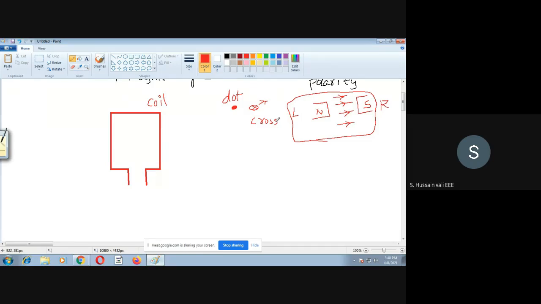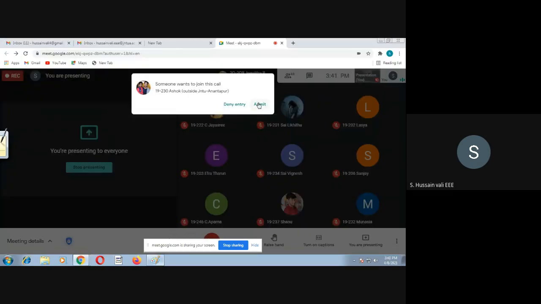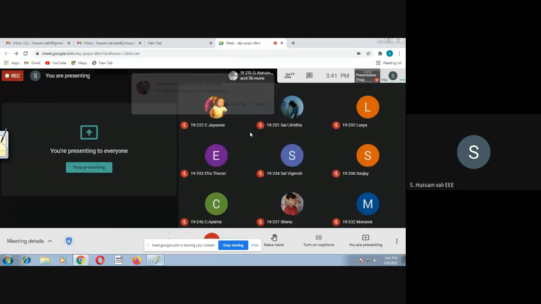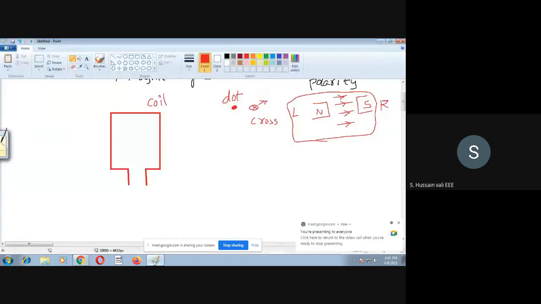So either the flux lines are coming towards you, or the flux lines are going away from you into the screen or into the plane. So dot represents coming out of the plane, whereas cross represents going into the plane.